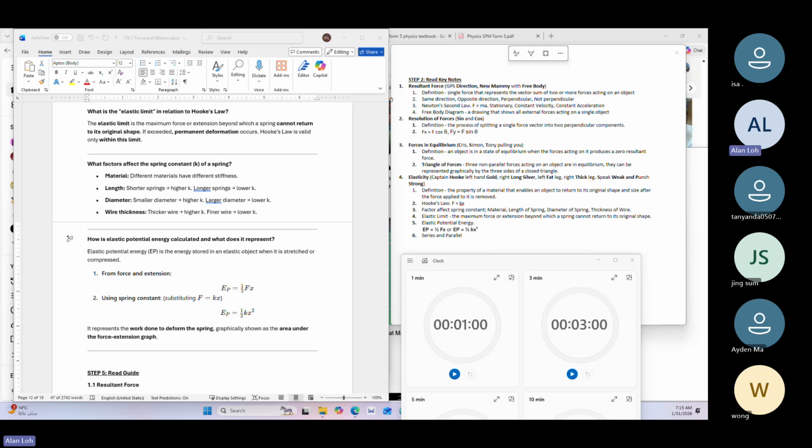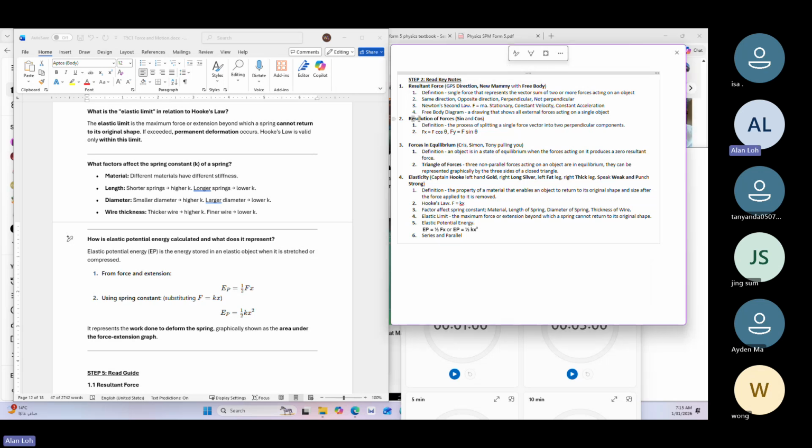Yes. So Jing Sam typed: I get SPM result. My 2026 resolution is equal to 2025 to become plastic woman. Yes, that is the story. Once you remember this story, you will be able to remember the names of the drawers. There are 4 drawers: resultant force, resolution forces, equilibrium, and elasticity. Resultant force means the SPM result.